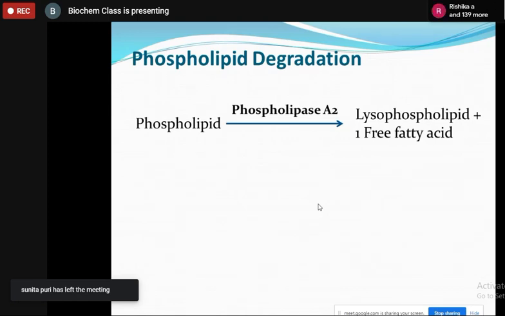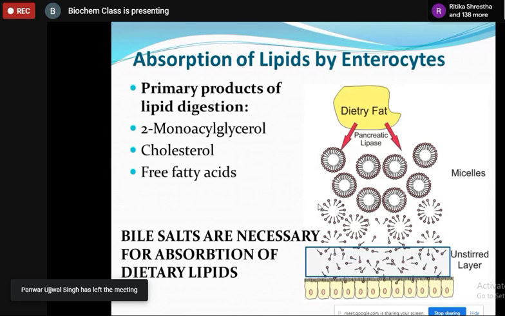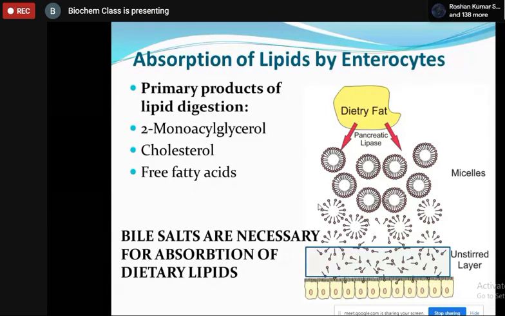Now you have to know about the absorption of the final products as well. The final products of lipid digestion are mostly absorbed in the duodenum and jejunum. The luminal surface of the enterocytes is covered by a water layer, which is the unstirred water layer.